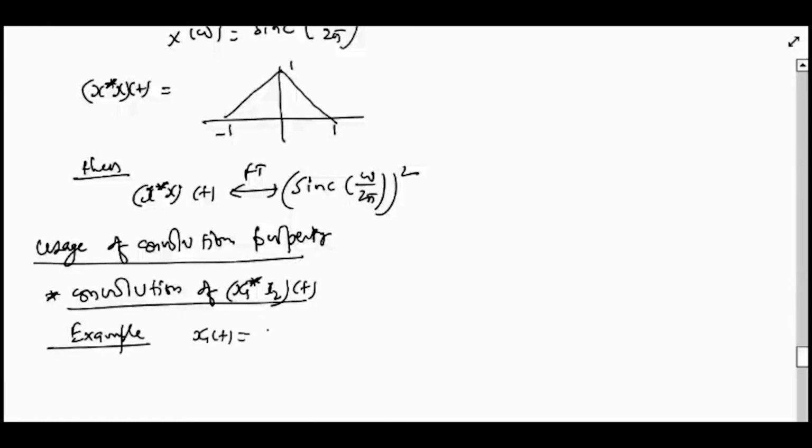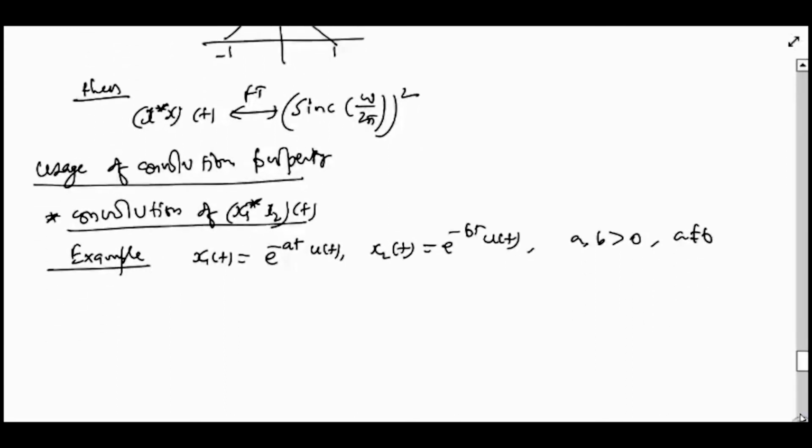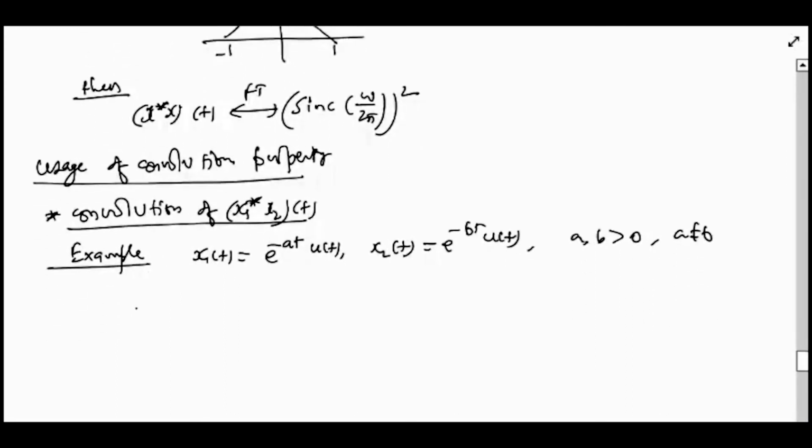Let's say x1(t) is e raised to minus a t u(t) and x2(t) is e raised to minus b t u(t). Here a, b are both positive and a and b are unequal, they are not the same. Okay, we readily know that the Fourier transforms X1(omega) and X2(omega) are respectively 1 over a plus j omega and 1 over b plus j omega.